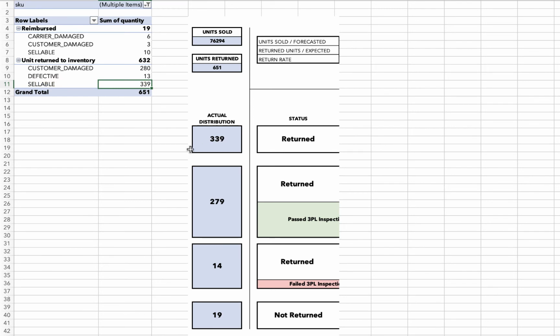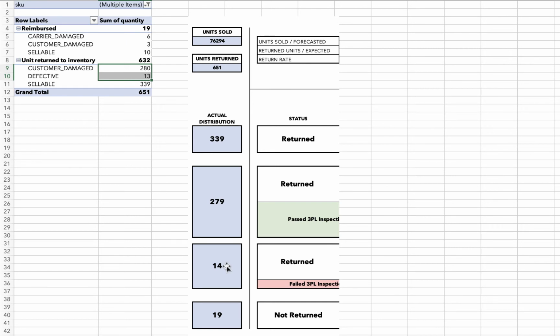So we enter 339. Now, there were some that were returned, but they actually were defective and unsellable. So for us, the total here is 293. You can see that 279 and 14 actually add up to 293. How do we get the exact split? Well, it depends on your 3PL deeming them sellable or not.